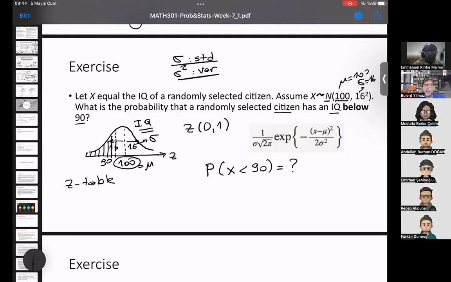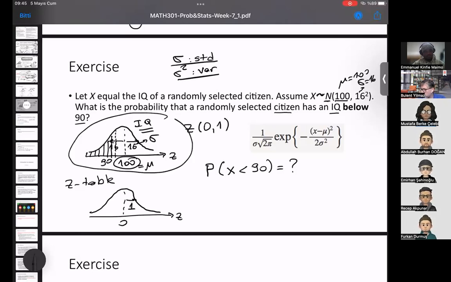How can I do that, guys? This is going to be Z, the mean is going to be 0 and the variance is going to be 1. How can I go from here to here? Now I want to normalize it. What does normalization mean?